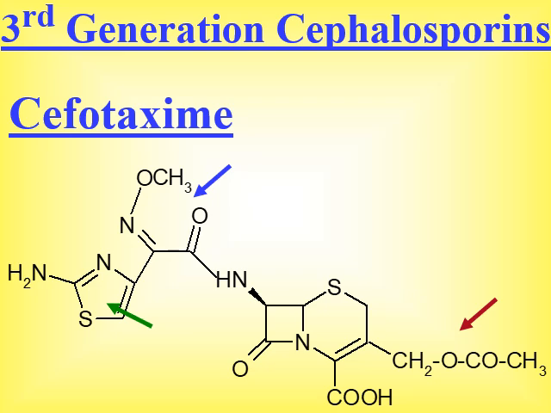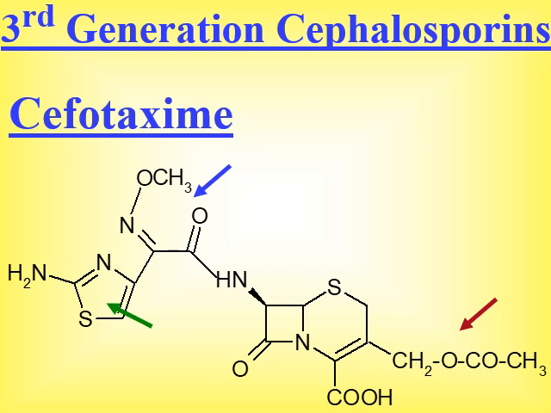Third generation cephalosporins have good stability against beta-lactamase, and they have a broad spectrum. Most of them are active against Pseudomonas. Most of them are given intramuscularly or intravenously. Very few of them are oral.